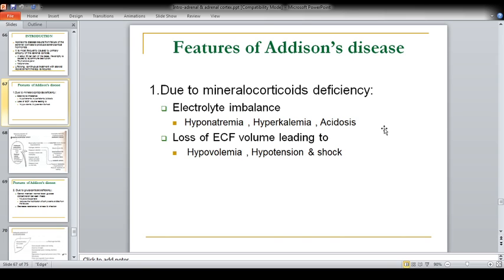We've only discussed aldosterone yet. So just imagine what could happen if there is deficiency of cortisol and if there is deficiency of adrenal androgens. All of this combined makes Addison's disease very deadly and very difficult to treat.